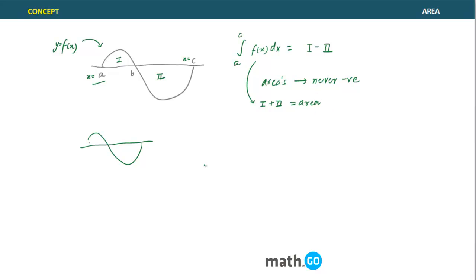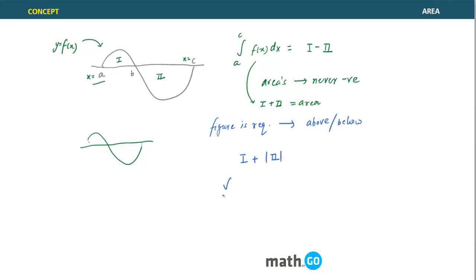So for this, the main question arises that here you need to know the figure. The figure is required, right? Or even if the figure is not required, you need to know where the curve is, above the x-axis or below the x-axis. Because for below, you will do I1 plus modulus of I2. Why am I saying modulus of I2?